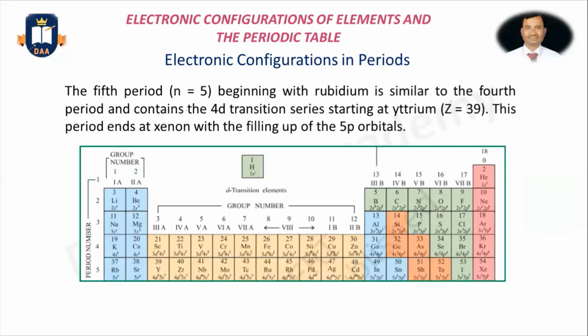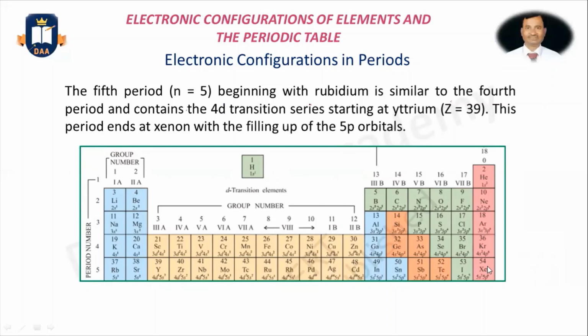Now, we discuss the 5th period, at principal quantum number 5. And here also, in this period, you can see 1, 2, 3, 4, 5, 6, 7, 8, 9, 10, 11, 12, 13, 14, 15, 16, 17, 18.